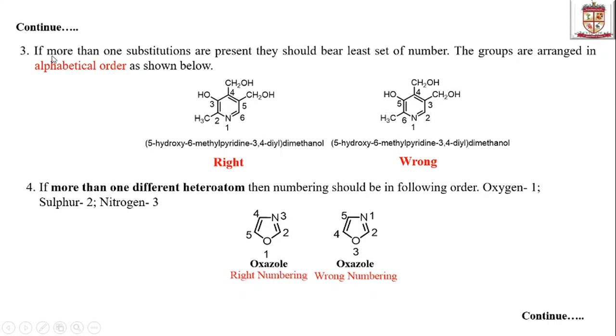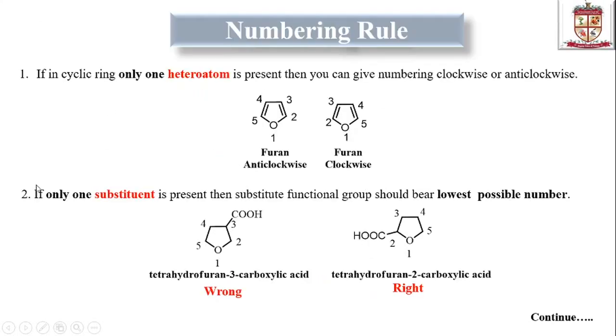The third rule is, if more than one substitution is present, then they should bear the least set of numbers, and the groups are arranged in alphabetical order. In the previous rule, only one substitution is present.